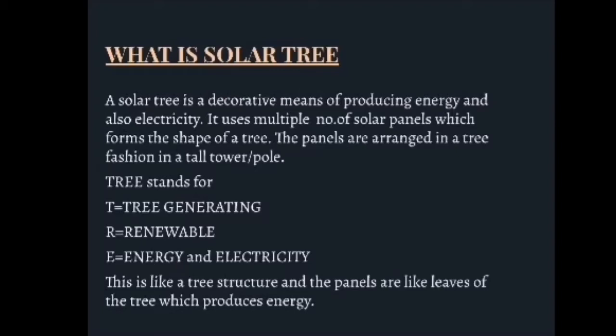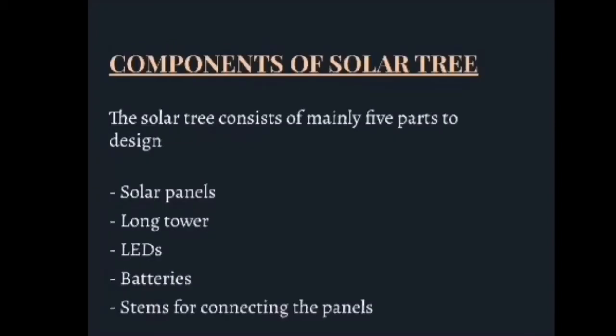This is like a tree structure and the panels are like leaves of the tree which produce energy. The solar tree consists of mainly 5 parts of design: solar panels, long tower, LEDs, batteries, stems for connecting the panels.